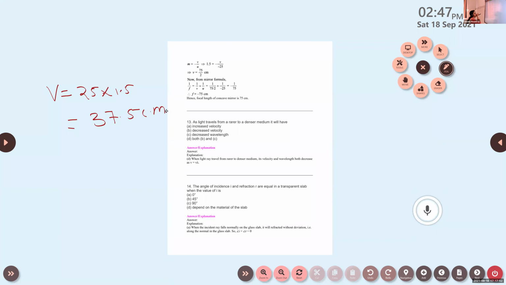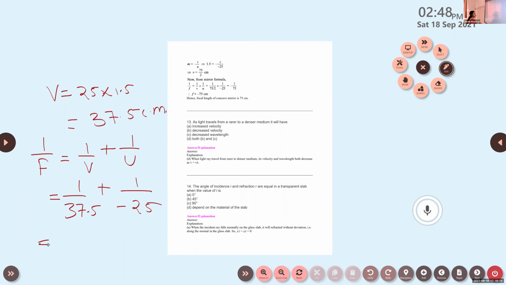So here we get the image distance. Then use the mirror formula and find the focal length. Focal length can be calculated by 1 by f is equal to 1 by v plus 1 by u. That is equal to 1 by 37.5 plus 1 by minus 25.